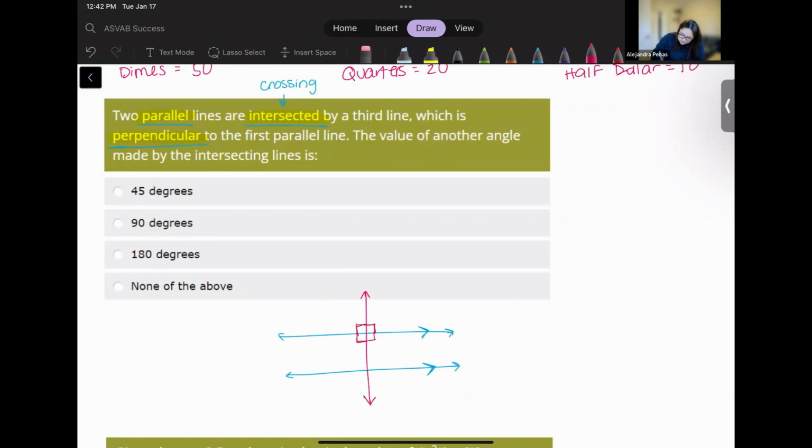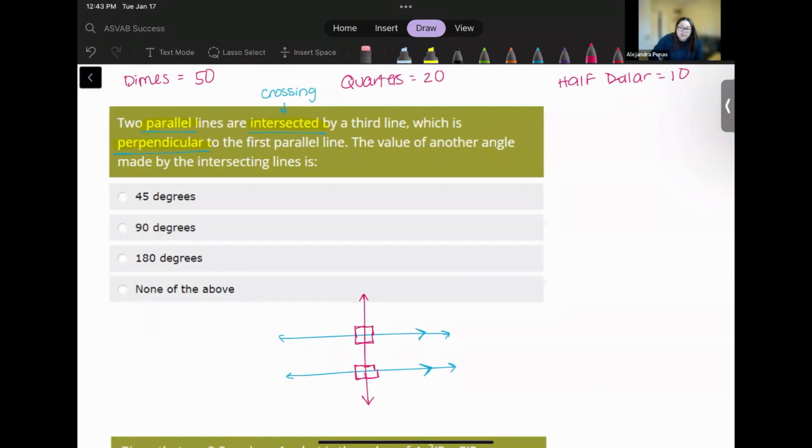Wherever it touches another line, it's forming a 90-degree angle. So the value of another angle made by the intersecting line is, well, the intersecting line is creating 90-degree angles. So that would be your answer. It's a very straightforward problem. What it requires is you understanding the vocabulary of what's parallel, what's perpendicular, and what's intersecting.